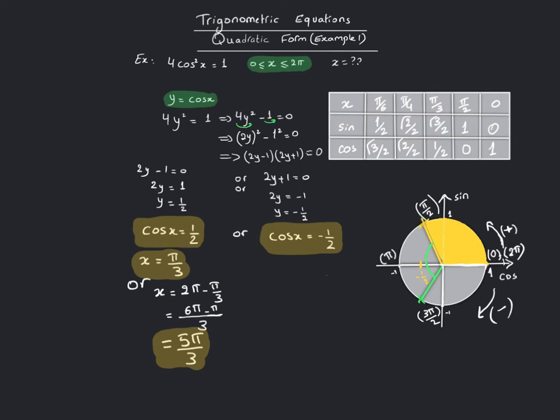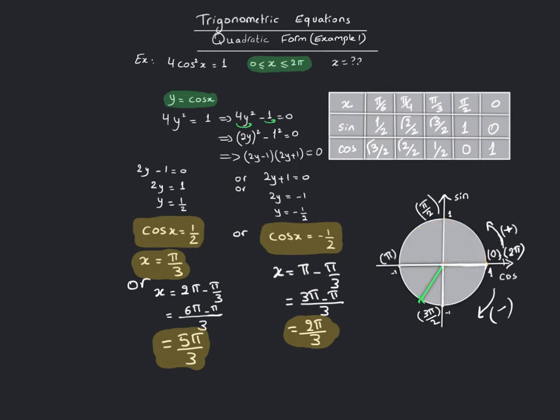So the first angle for cosine x equals negative half, x will be pi minus pi over 3, which is 3 pi minus pi over 3, which is 2 pi over 3.